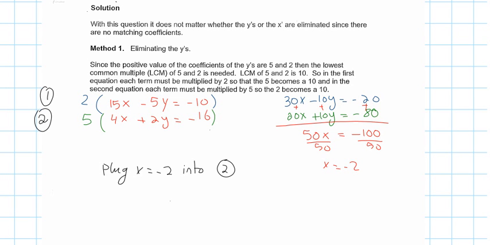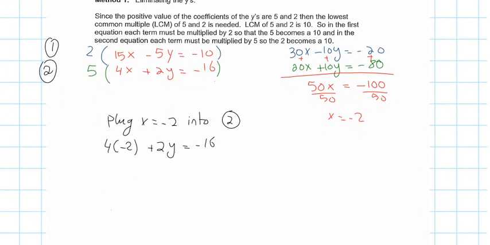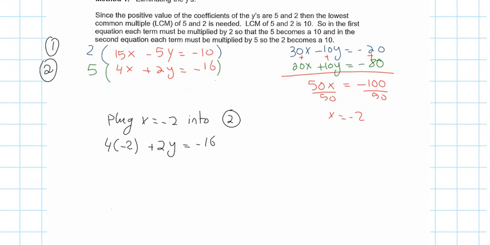So that becomes 4 times negative 2 plus 2y equals negative 16. So 4 times negative 2, that's negative 8. So that's negative 8 plus 2y equals negative 16.